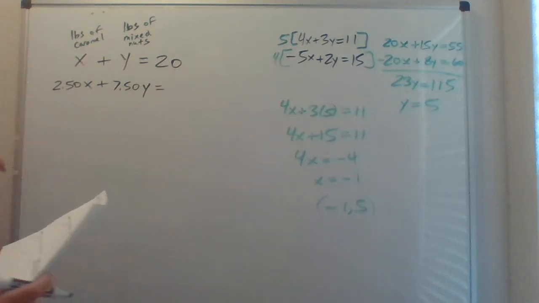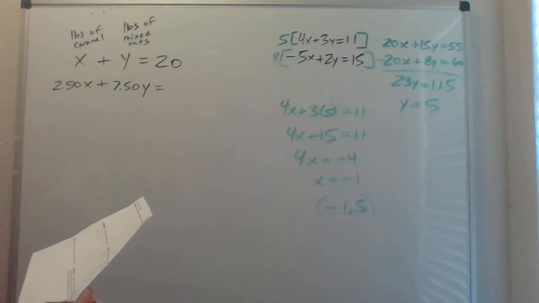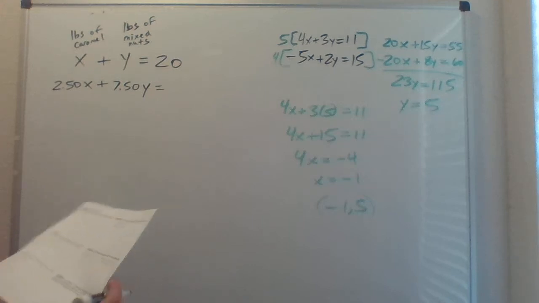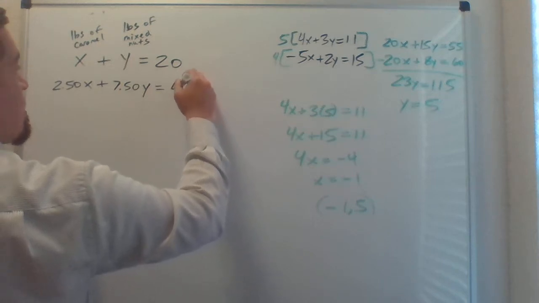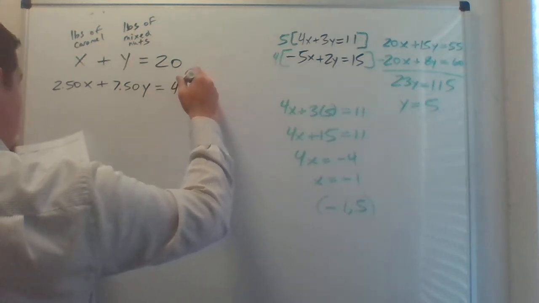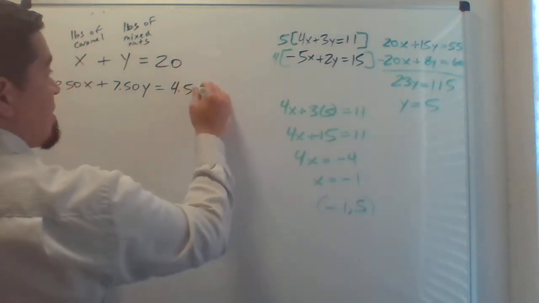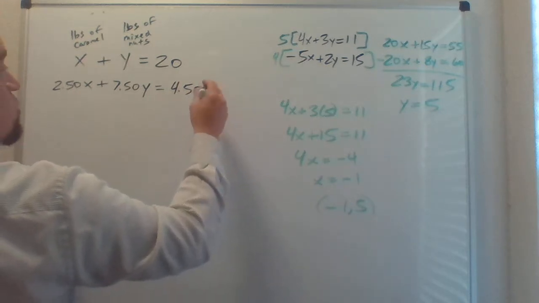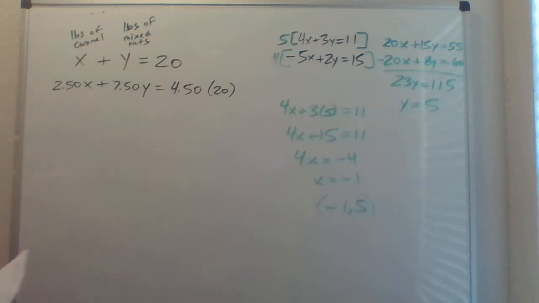And really what we want is a 20-pound mixture that adds up to $4.50 per pound. So if it's supposed to be $4.50 per pound and it's 20 pounds, I really want it to add up to $4.50 times 20. Okay, so this is what I gather from these statements.